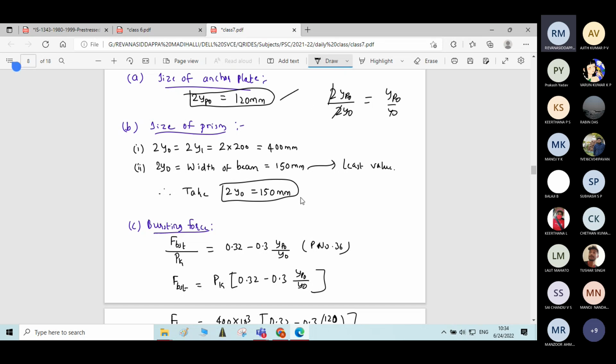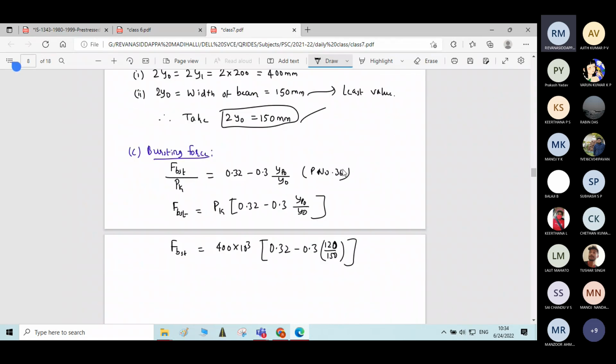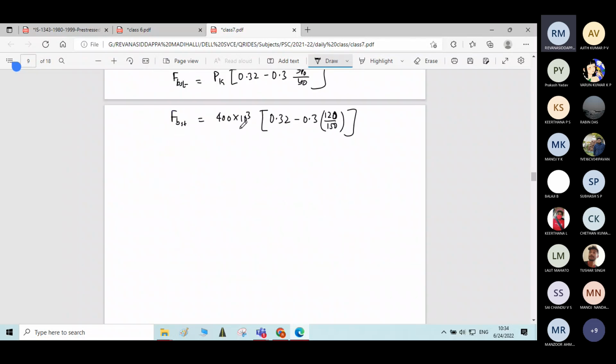Therefore, I substituted directly 120 by 150 instead of making it half and substituting. I hope you don't have any confusion in this substitution.